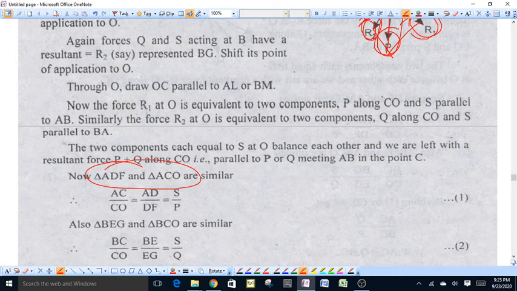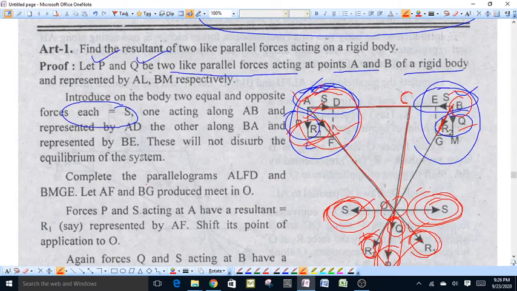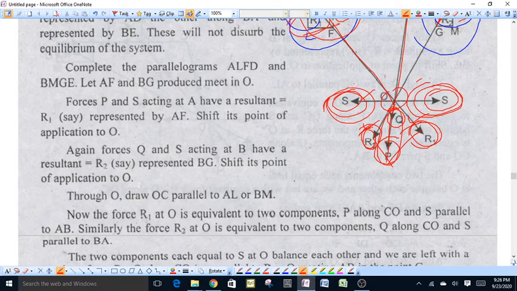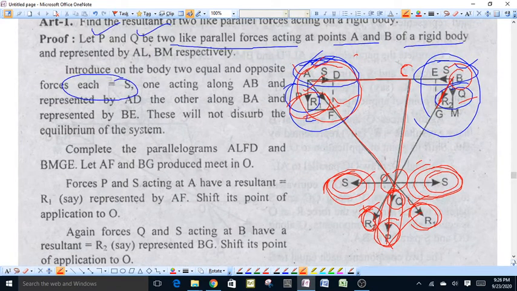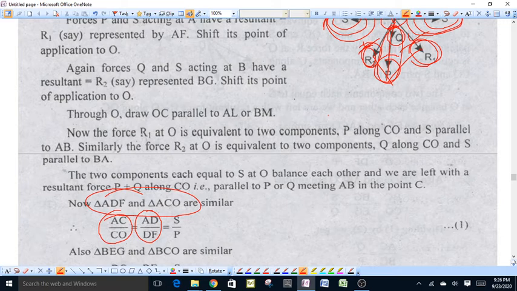The ratio of AC and CO will be equal to the ratio of AD and DF, and AD is equal to S, and DF is equal to P. DF is parallel to AL, and AL is equal to P, therefore DF is equal to P.